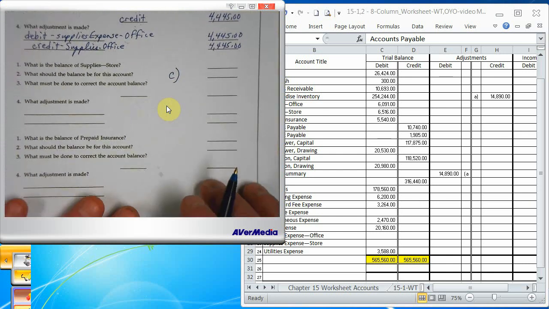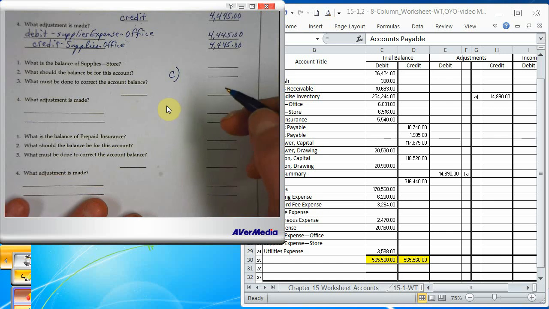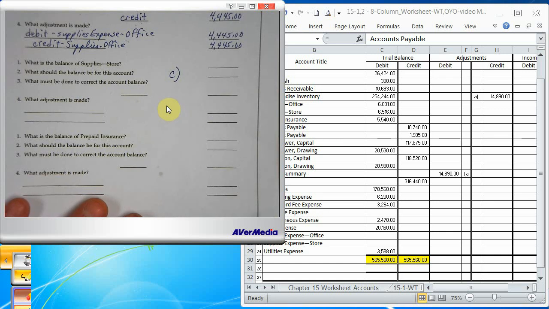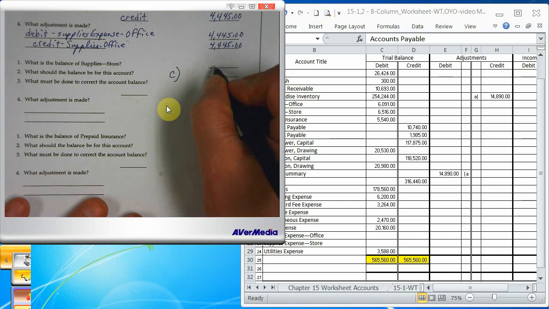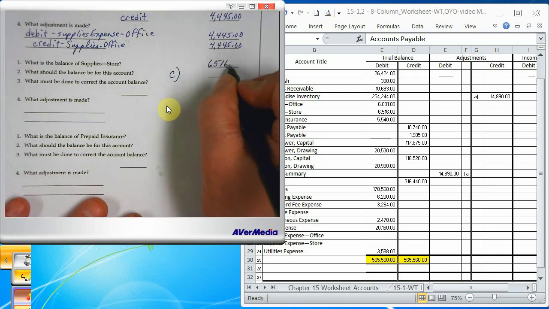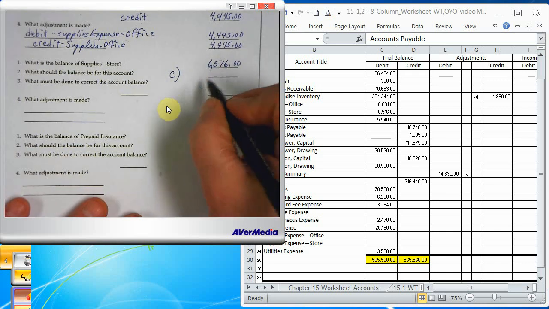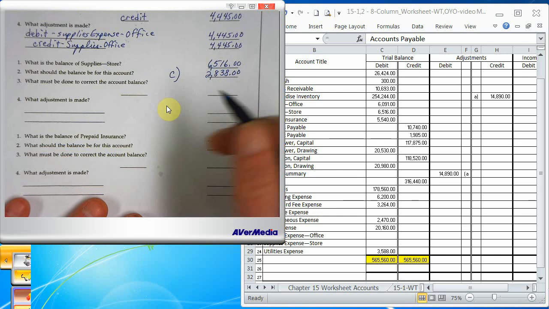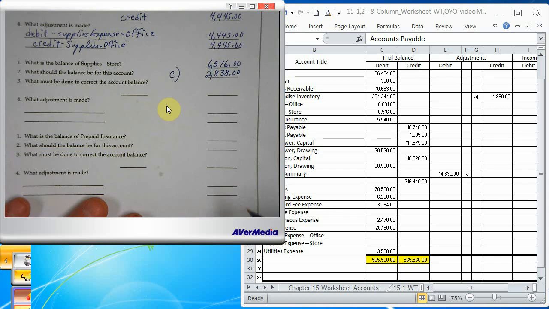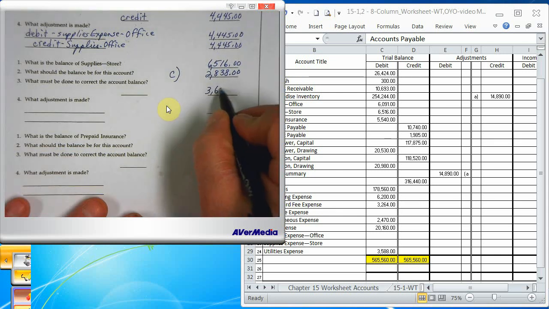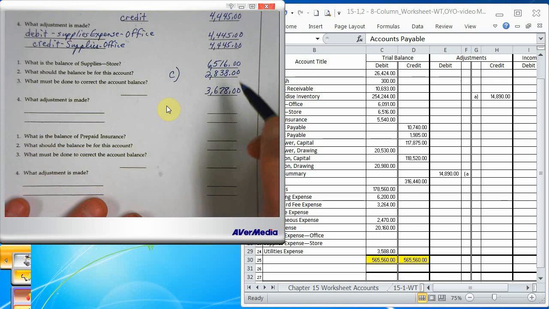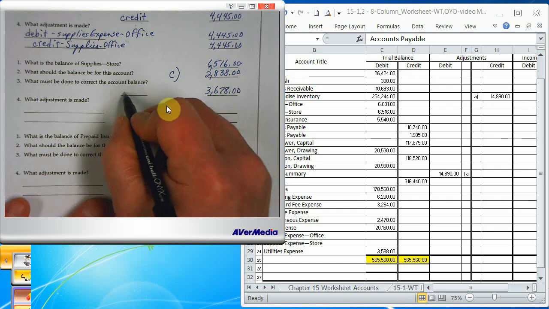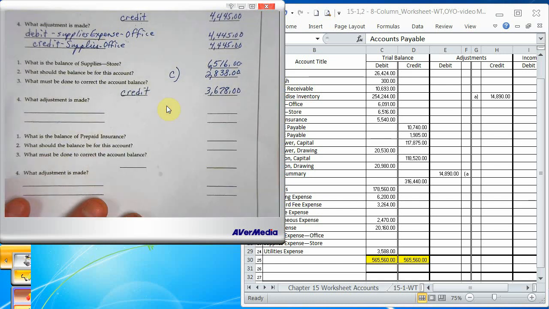So with this one, what is our beginning balance? Our beginning balance is $6,516, and our ending balance per the book was $2,838 and no cents. So our difference ends up being $3,678. Since we go from a large debit to a lower debit, we have to credit the balance.